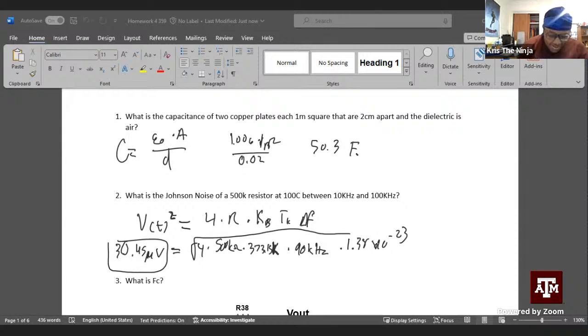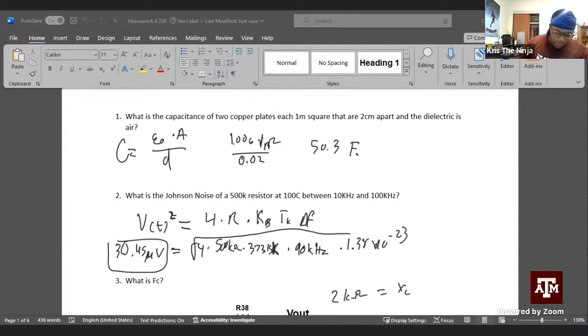Anyway, what is the cutoff frequency? Well, the cutoff frequency for this is the point where we have 2K, or 2 kiloohms, equal to the reactance of the capacitor when it's at 1 microfarad. So we need the frequency where that happens.